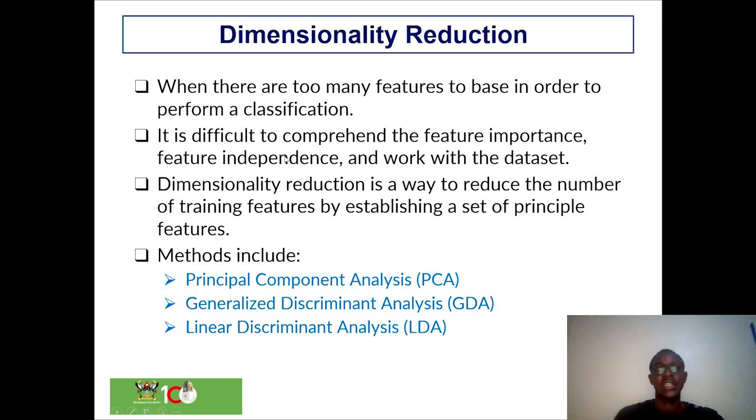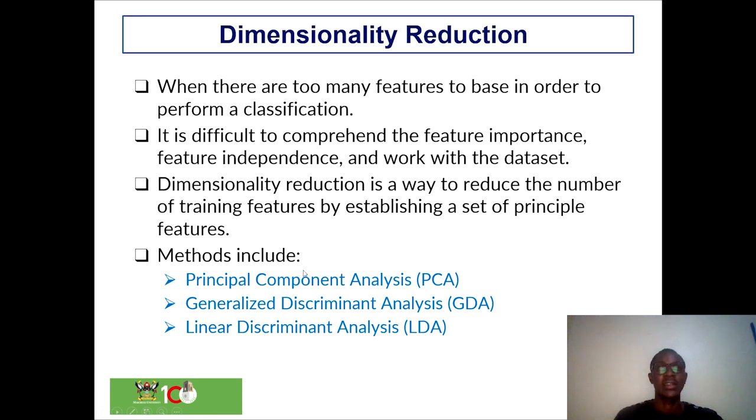So generally it becomes hard for you to work with such a data set to perform a classification. So this is where dimensionality reduction comes into play, and it's a way to reduce the number of training features by establishing a set of principal features, like the most important features for you to perform the classification.